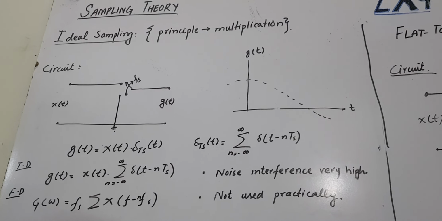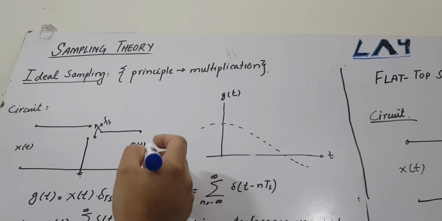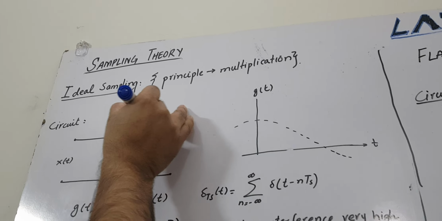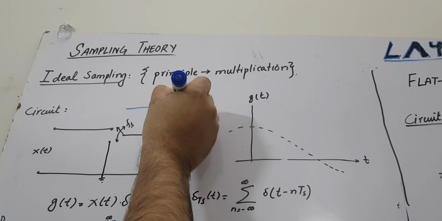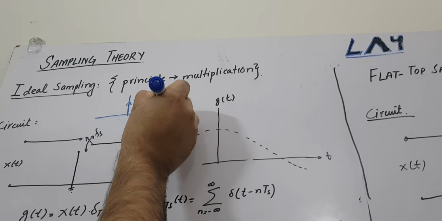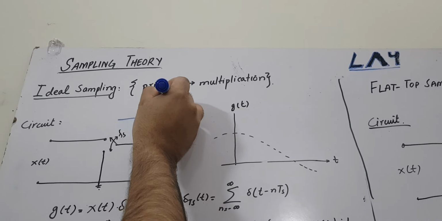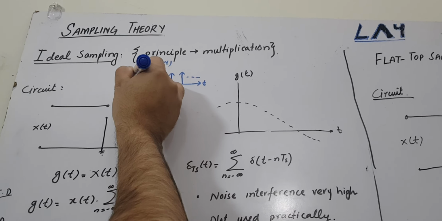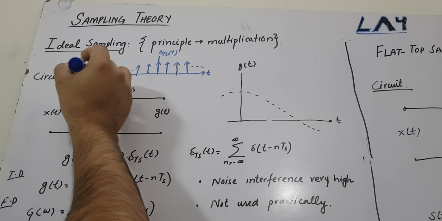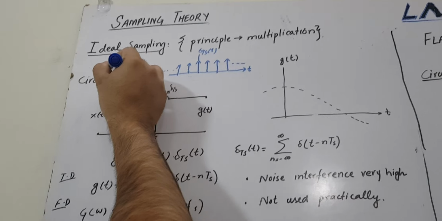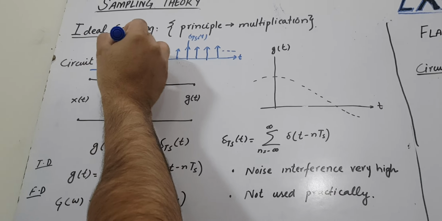We note that the principle of ideal sampling is just the multiplication: you are multiplying the pulse train, and we know that the pulse train is like this, from minus infinity to infinity, so this is delta_Ts(t). Then you are multiplying this pulse train with your analog signal.